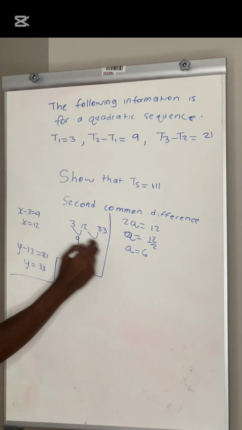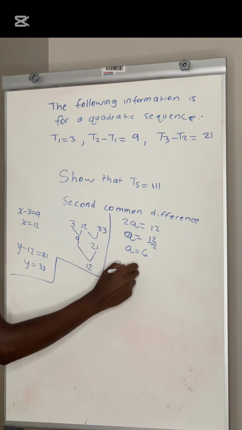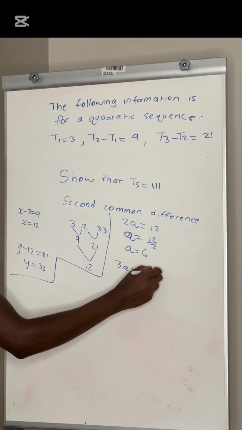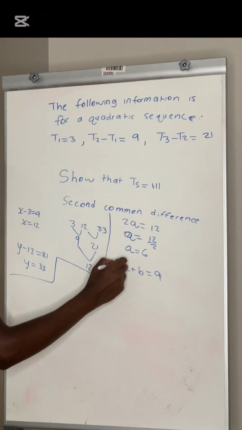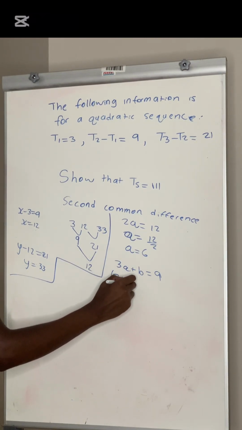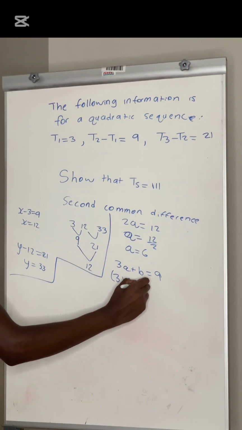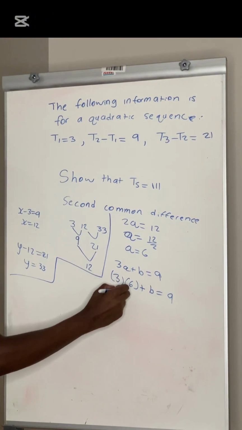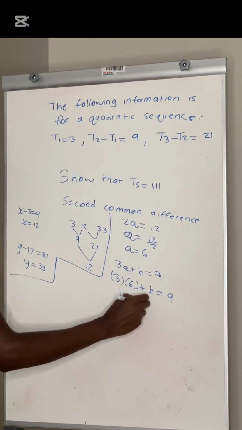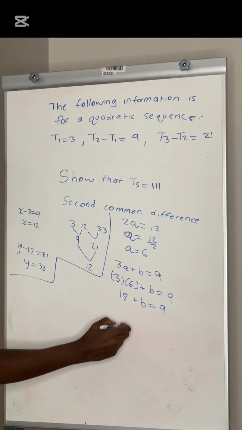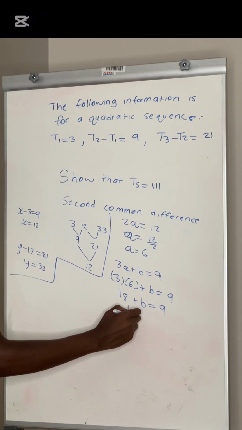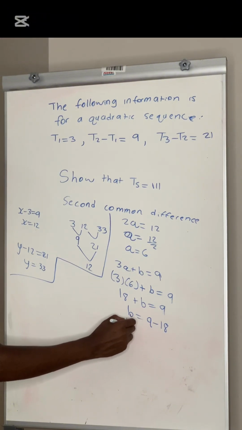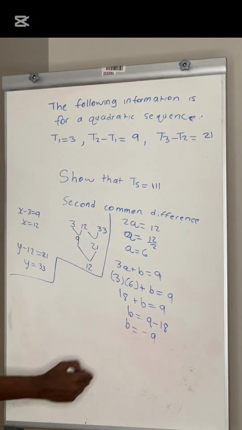The formula for the first difference says 3a plus b is equal to the first difference here, which is 9. We can then substitute a. 3 times a, which is 6, plus b is equal to 9. 3 times 6 is 18, plus b is equal to 9. B is equal to 9 minus 18. B is equal to negative 9.